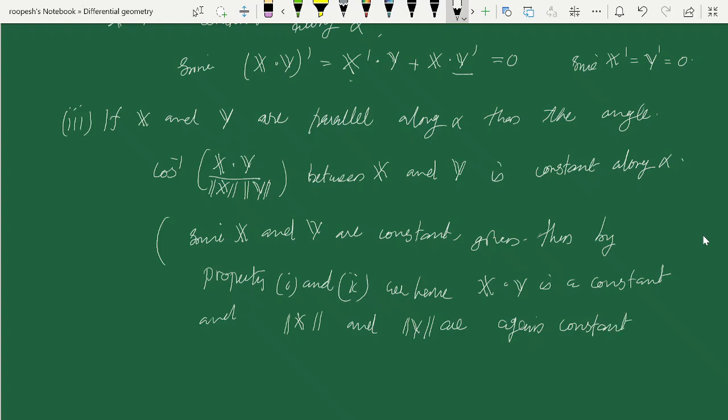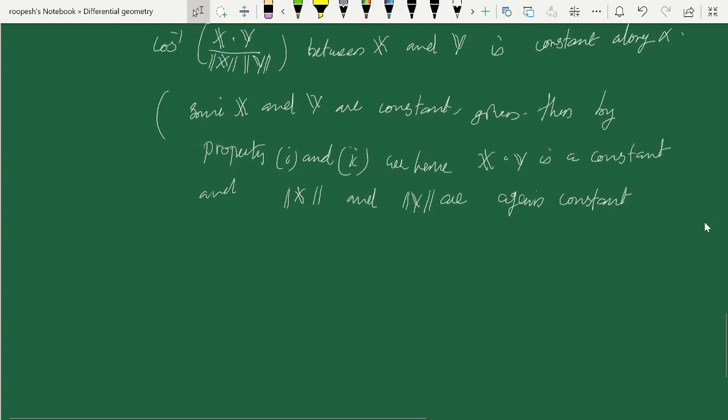So what we have is a constant term divided by a constant term, and the cos inverse of that term will again result in a constant one. Therefore cos inverse of X dot Y by norm of X into norm of Y is a constant.